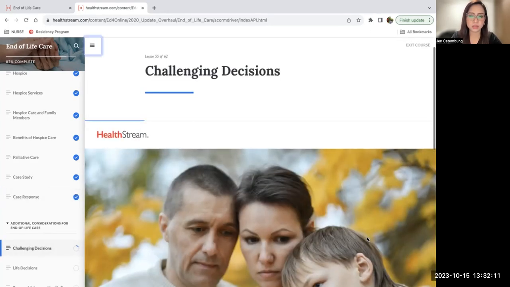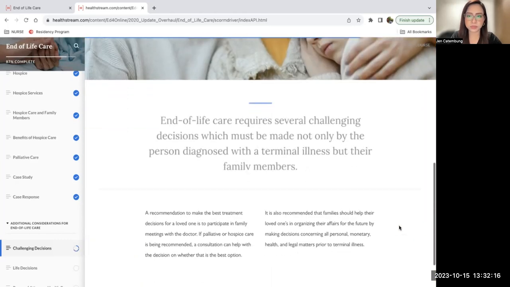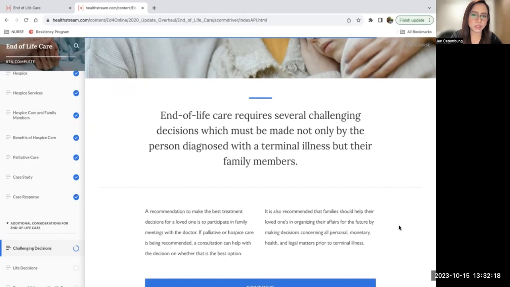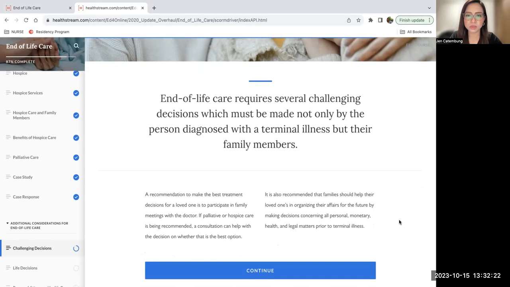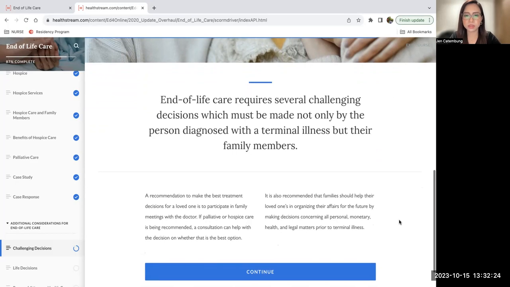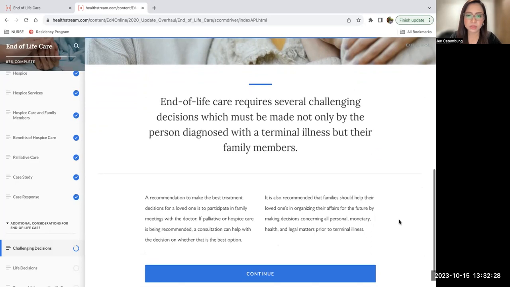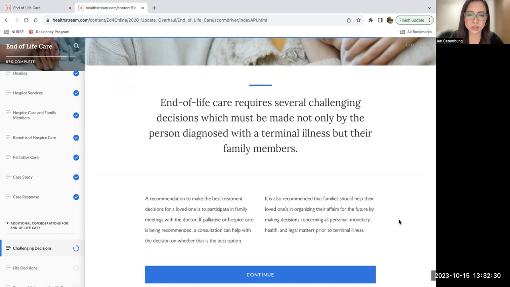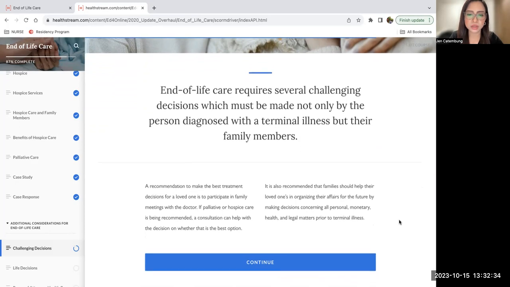Okay, next. Challenging decisions. End of life care requires several challenging decisions, which must be made not only by the person diagnosed with a terminal illness, but their family members. A recommendation to make the best treatment decisions for a loved one is to participate in family meetings with the doctor.